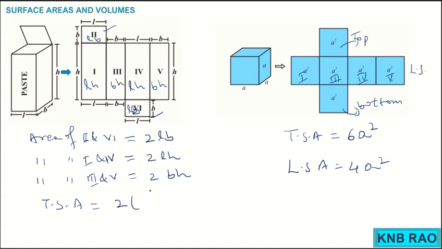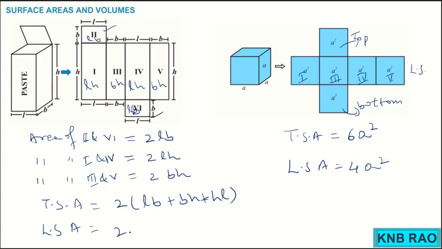If I add and take 2 common, I have got LB plus BH plus HL being the total surface area, and the lateral surface area is only the 1st, 3rd, 4th and 5th.